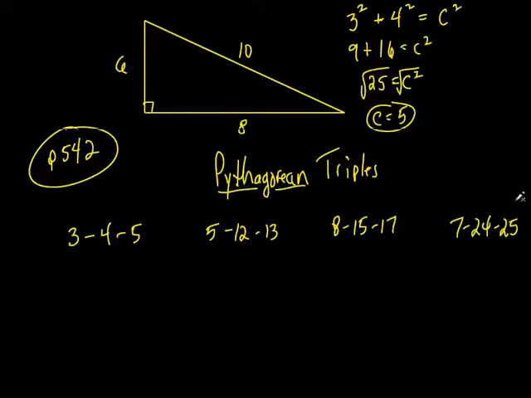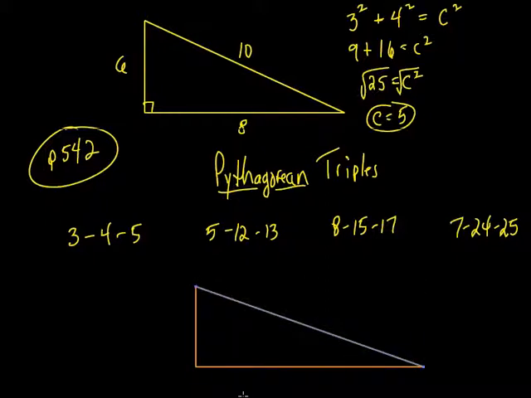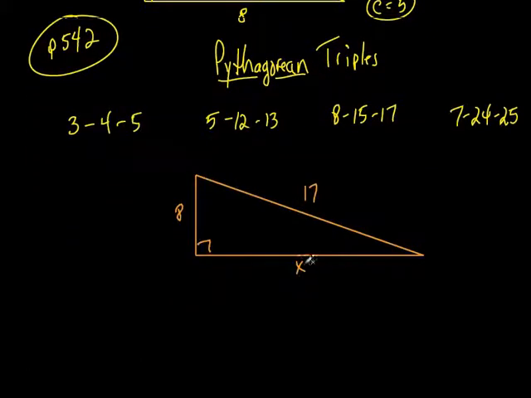And what does that mean, and why is that helpful to us? Knowing these, if you have these things memorized, it saves you a little bit of work. So let's say you had a right triangle. Let's say this is 8 and that's 17, and you had to find that side right there. You could do the Pythagorean theorem, couldn't you?